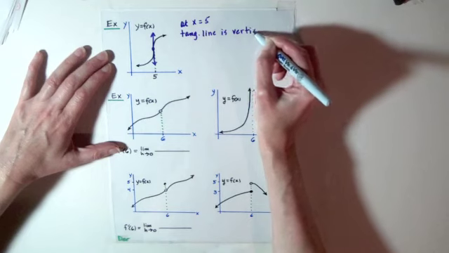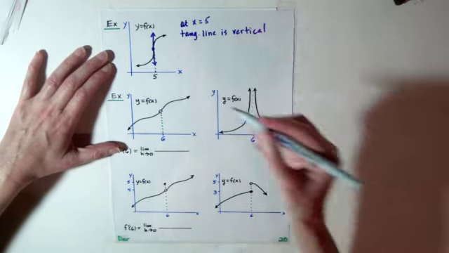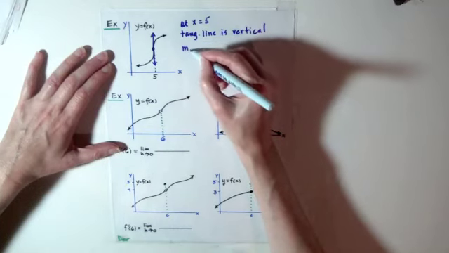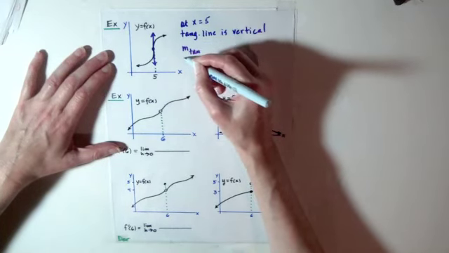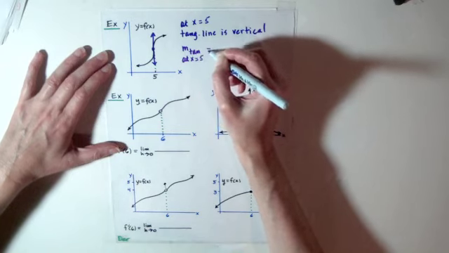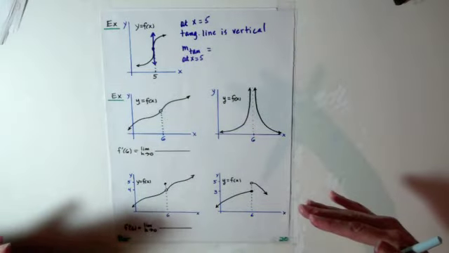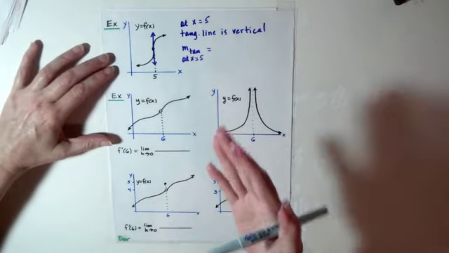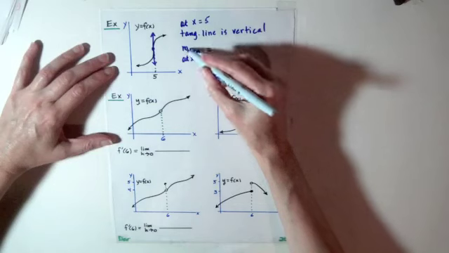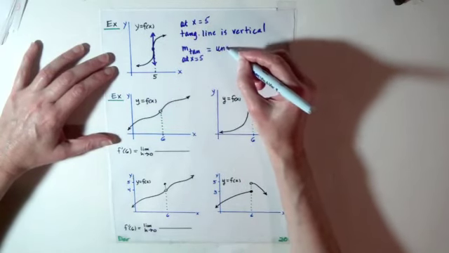Well, there is a unique tangent line. It just happens to be vertical, so that's fine. But what does that mean about the slope of the tangent line at x equal 5? What is the slope of a vertical line? Well, the slope of a horizontal line is 0, but the slope of a vertical line is undefined.